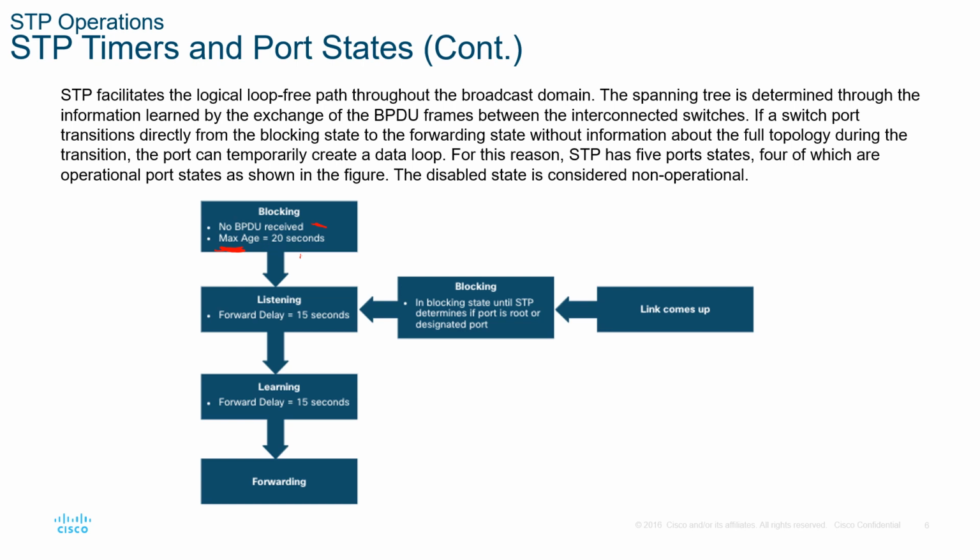So what is listening state? In listening state, the port will receive the BPDU frame to determine the path to the root. Because if they do not receive the BPDU frame and read the information, they do not know the path to the root bridge. So basically under listening state, they receive the BPDU frame and calculate the cost.